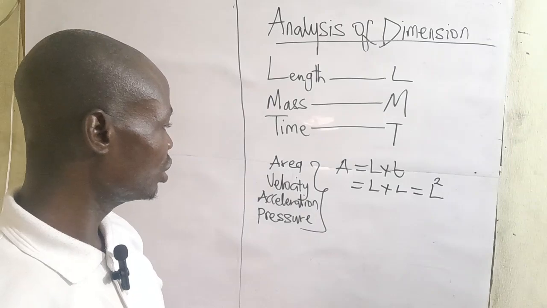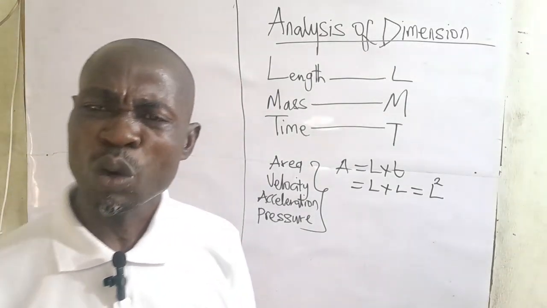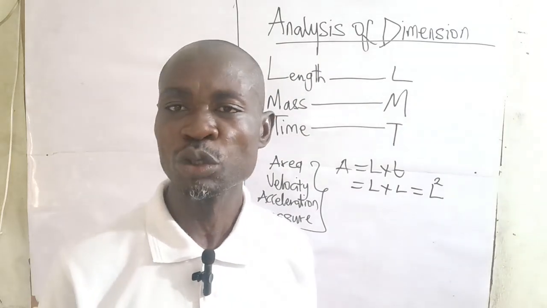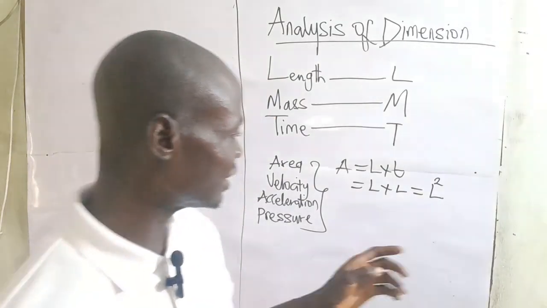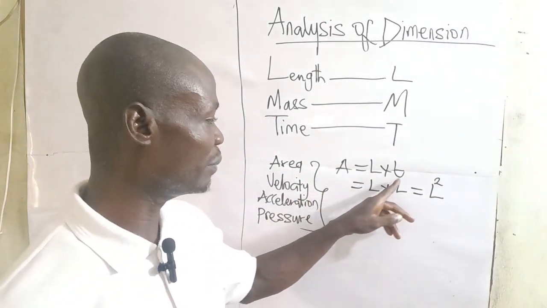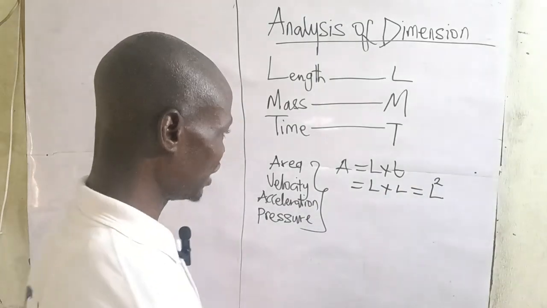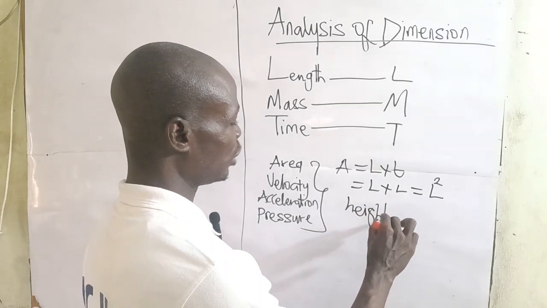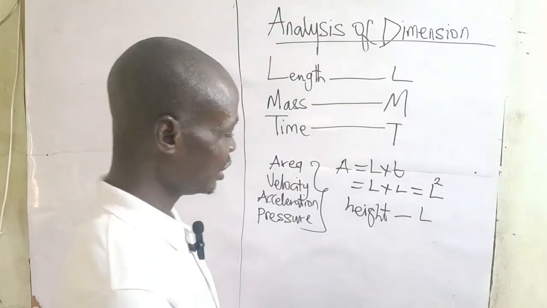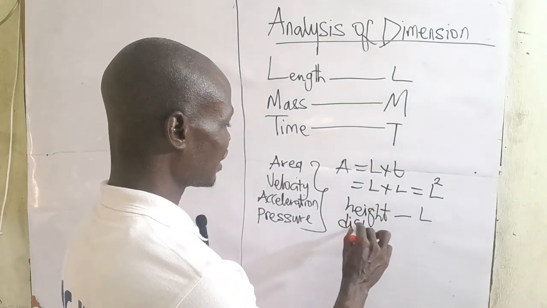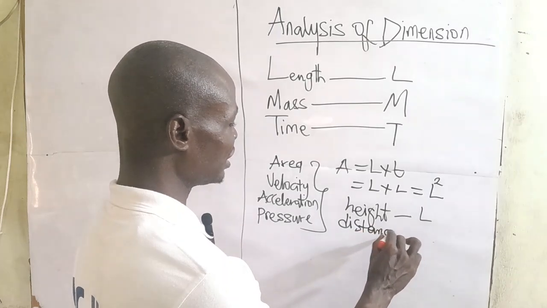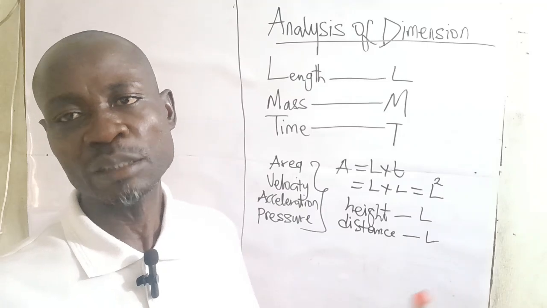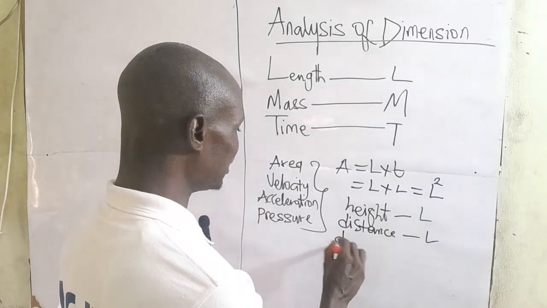Now, I am going to make you understand the things you are going to see that should be represented with L. You can see I have represented breadth with length. I am equally going to represent height. Height is equally represented as L. Another one is distance. Distance is represented with L. They are all talking about the distance between two points. Another one is displacement.